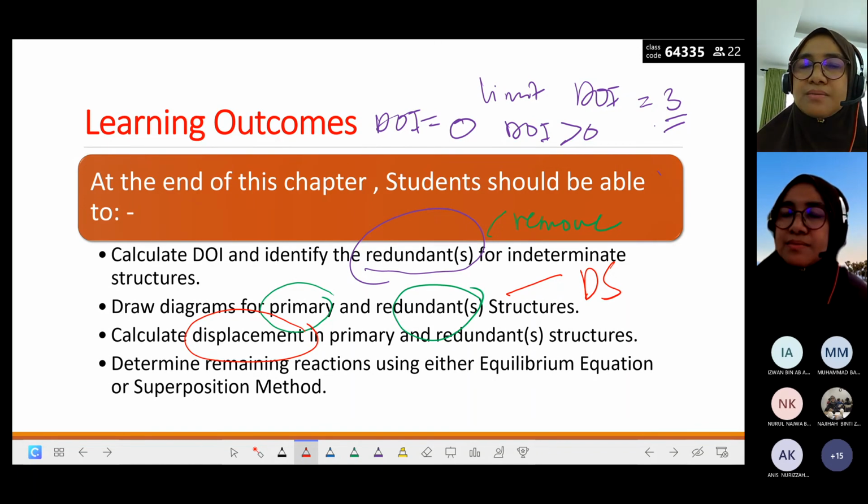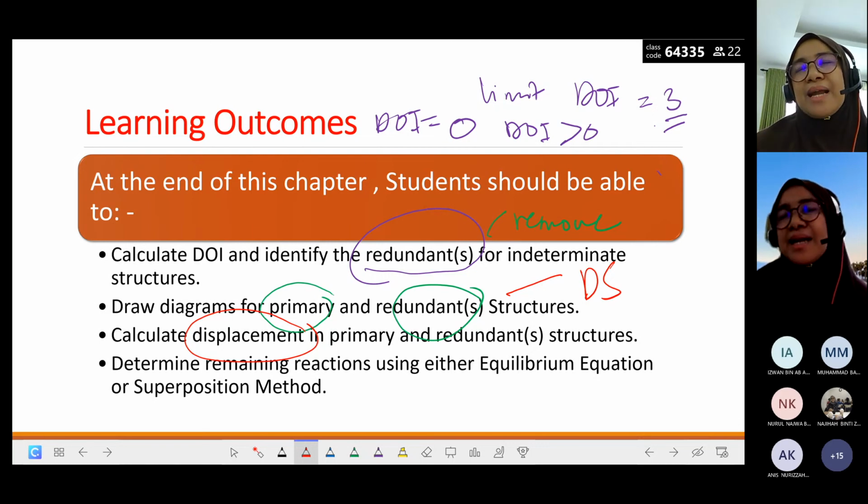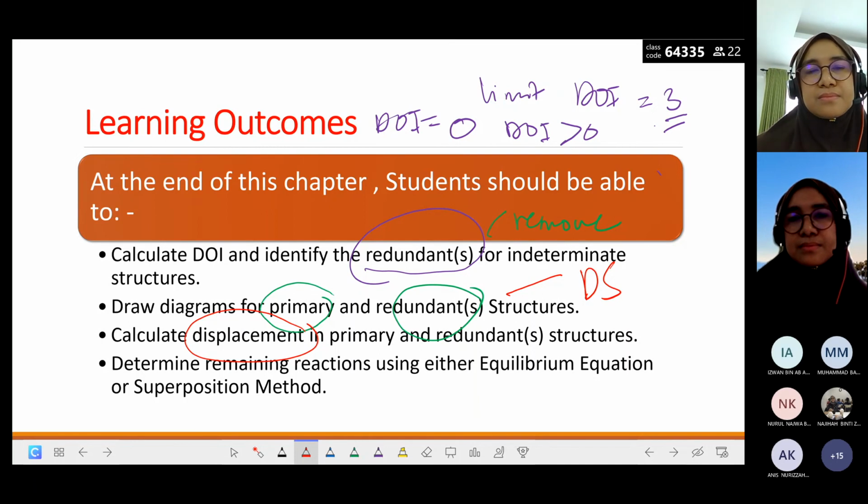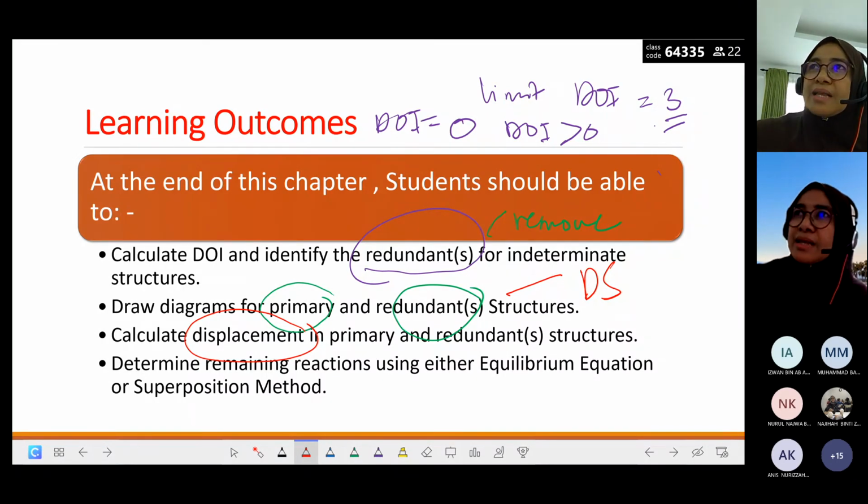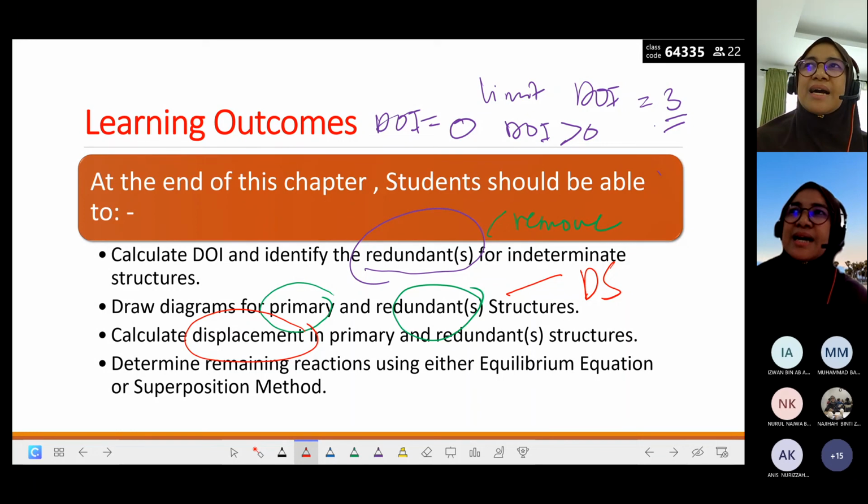The objective is to analyze structure. What have you calculated along the way, starting from analysis of beam, then analysis of frame, and then analysis of truss? You are actually calculating what?